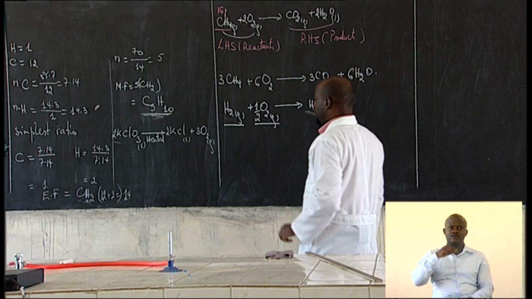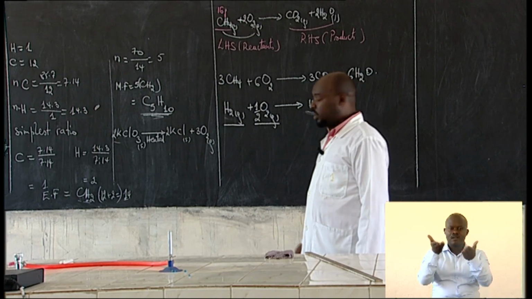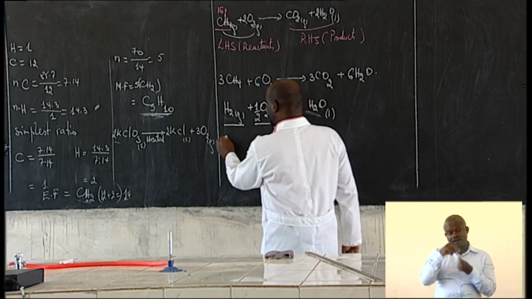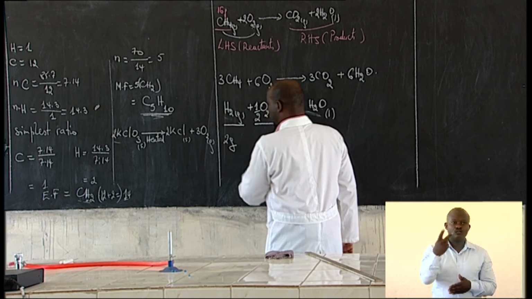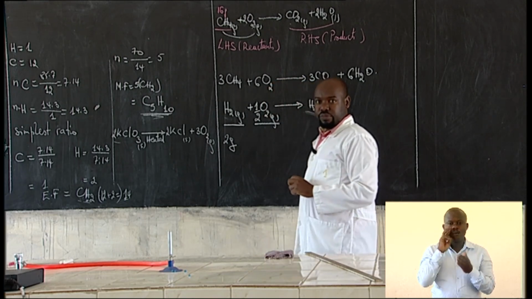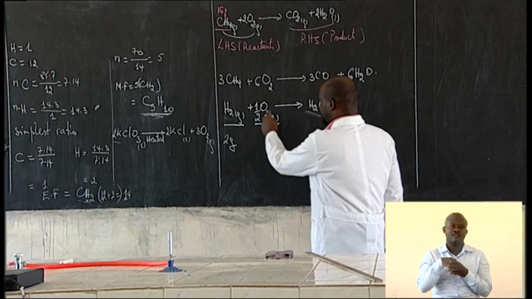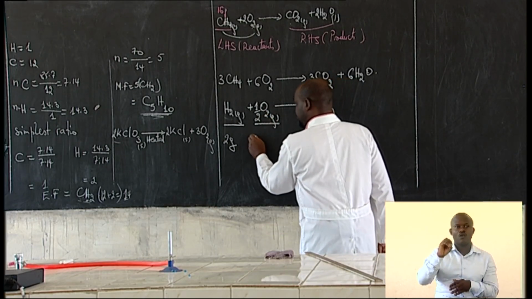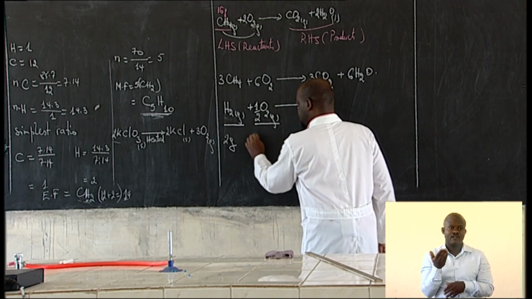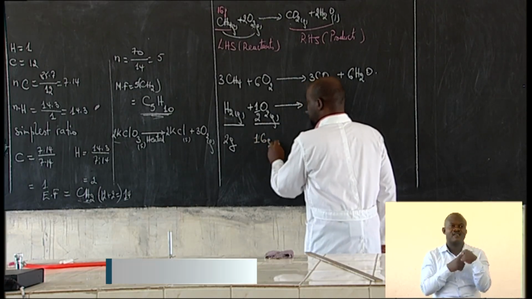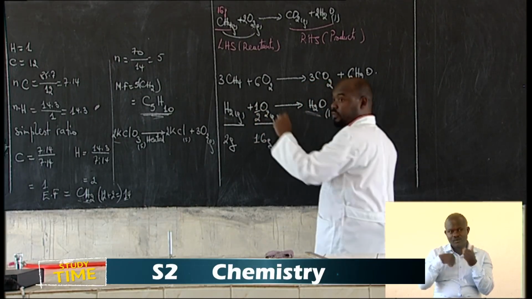What mass of oxygen do we have here? For hydrogen, we have 2 grams per mole, 1 mole of hydrogen molecule. And for oxygen, we have 16, because we are using a half.